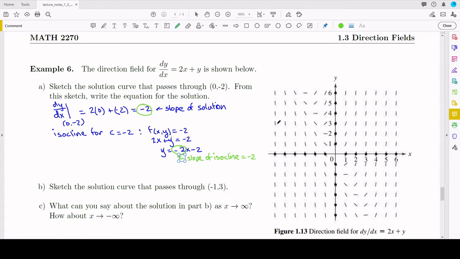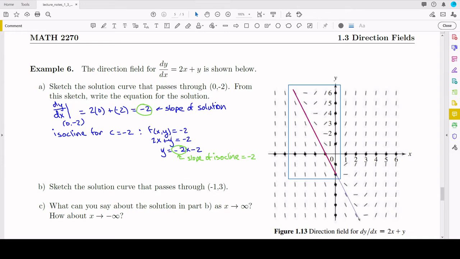So our solution here is actually a straight line. And so if we go here, we see that if you draw that straight line, it matches up with the other little direction markers.